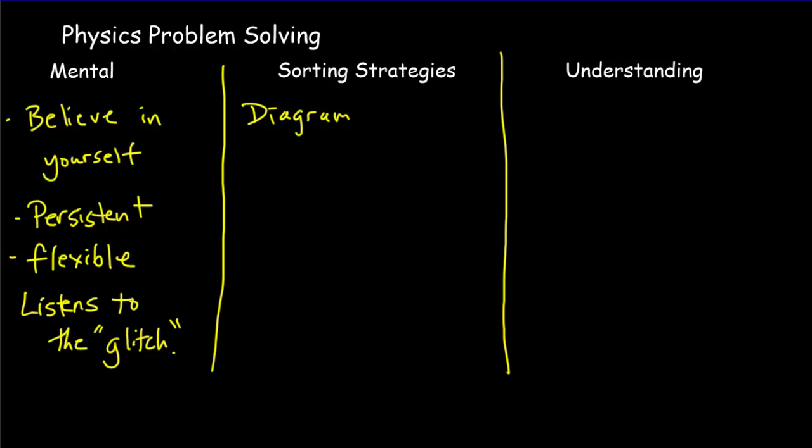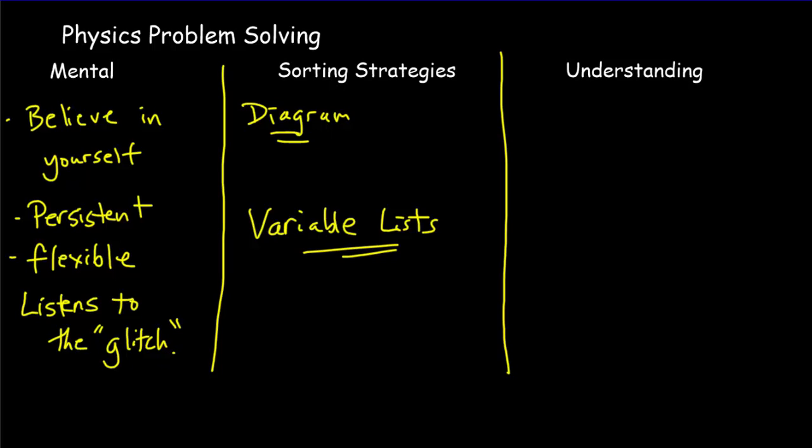And the other big sorting strategy is going to be called making a variable list. And we're going to do a lot of that in this video here. Very useful technique, and they work alongside the diagrams very effectively to help you solve relatively simple problems.